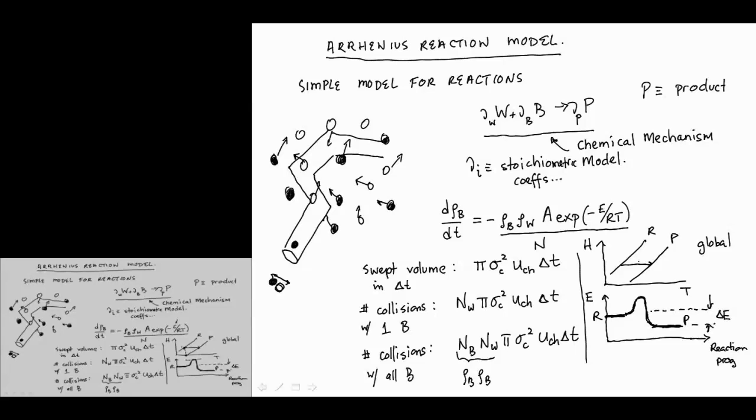Another way of thinking about it is in terms of a Boltzmann distribution, where we look at, for example, the distribution of energy of the molecules in the system, and we ask ourselves what proportion of the molecules in this system, when they collide, have an energy that exceeds this critical energy.